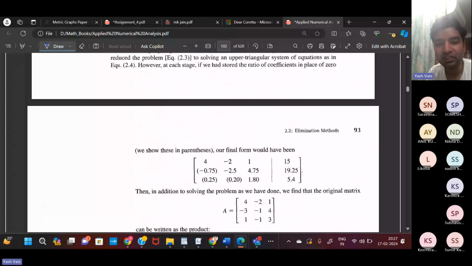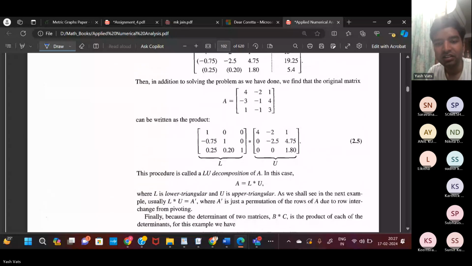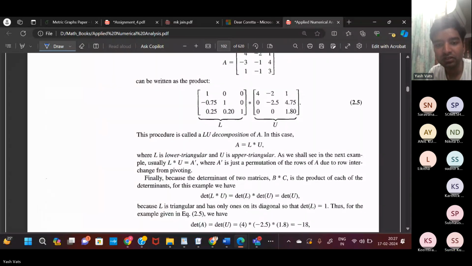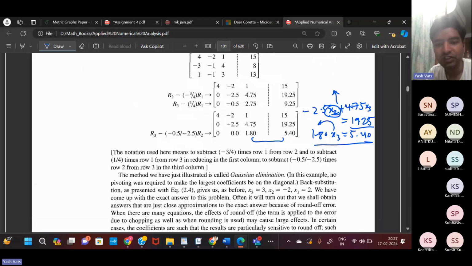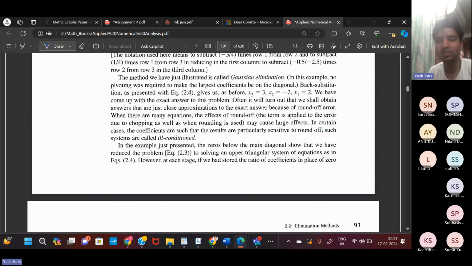Okay, let me recall it once. Before which method it works, right? This method is Gauss elimination. We have covered it. So, what are ill-conditioned systems? Have you heard about it?